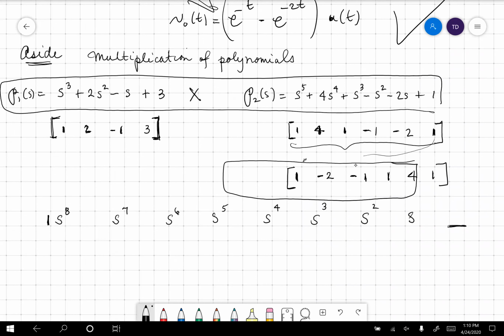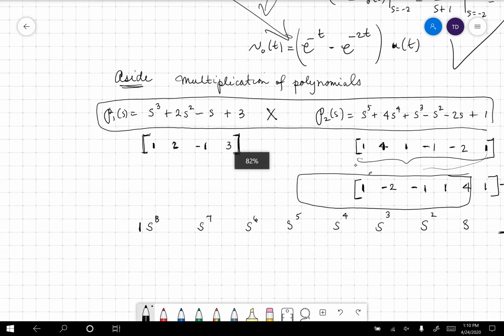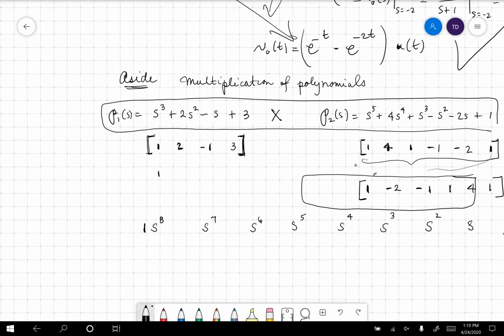Now if you take that and start sliding this in this direction, this is what happens. When we're looking at the overlap, I'm going to have 1, 4, 1, minus 1, minus 2, and 1. It starts by overlapping: 1 times 1 is 1.